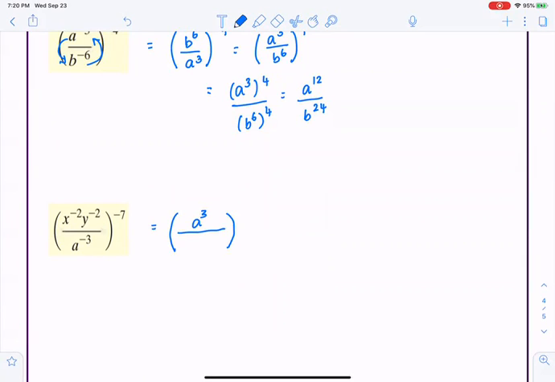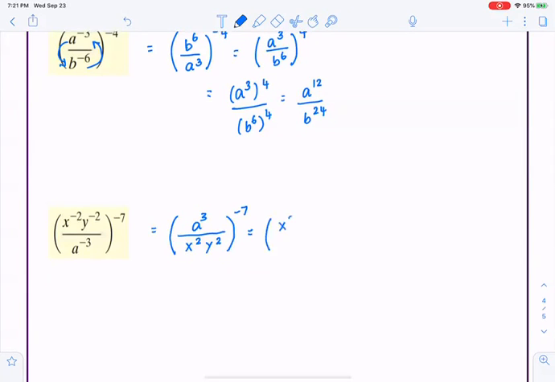X raised minus 2 moves to the denominator, becomes x squared. Y raised negative 2 moves to the denominator from the numerator, it becomes y squared raised negative 7. So we have a fraction raised to a negative exponent. So we simply flip the fraction. We can raise it to a positive exponent.